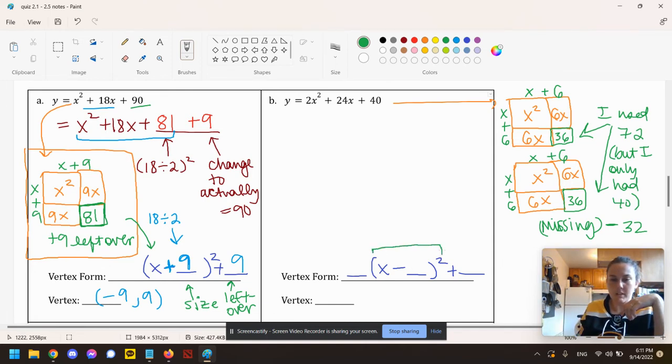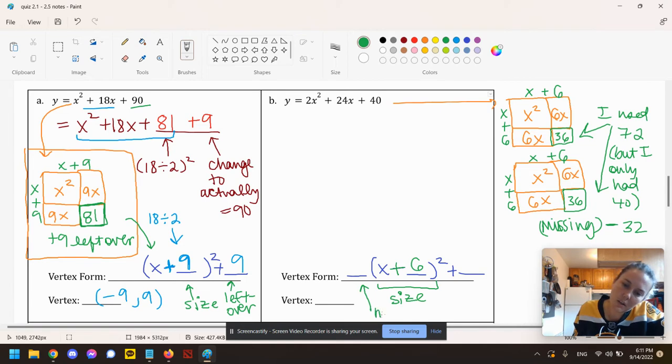This is the block size, which here is x plus 6. This is how many blocks there are, which here is 2.